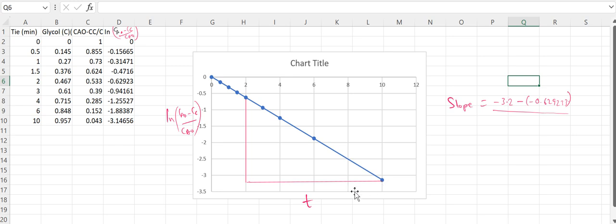The time here is minus 10, and the time here is 2. So that will be 10 minus 2. So let's see.